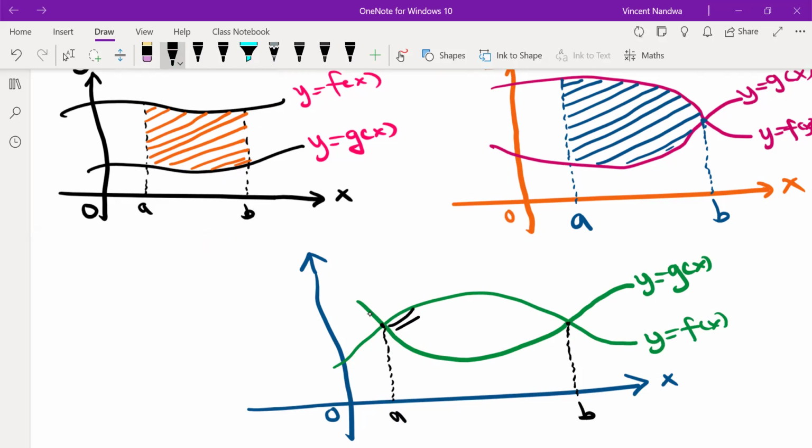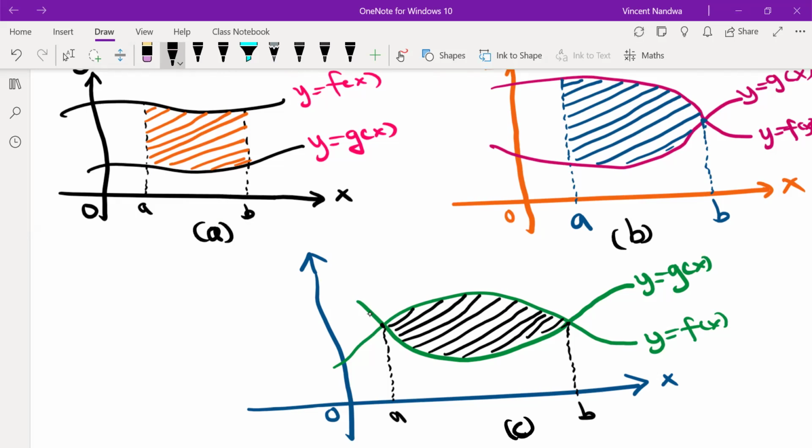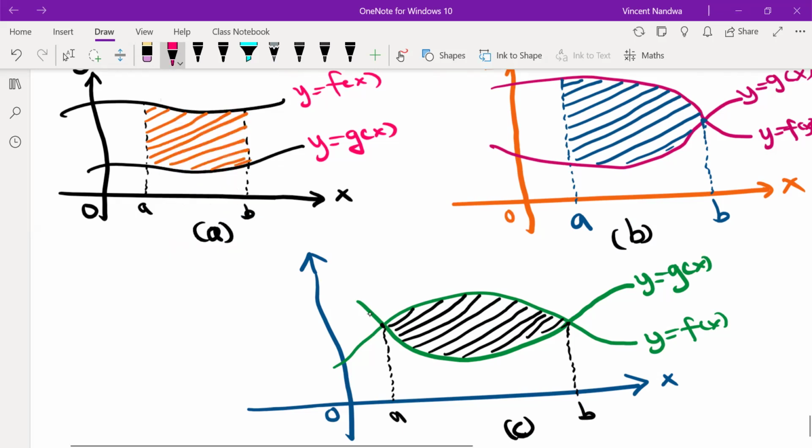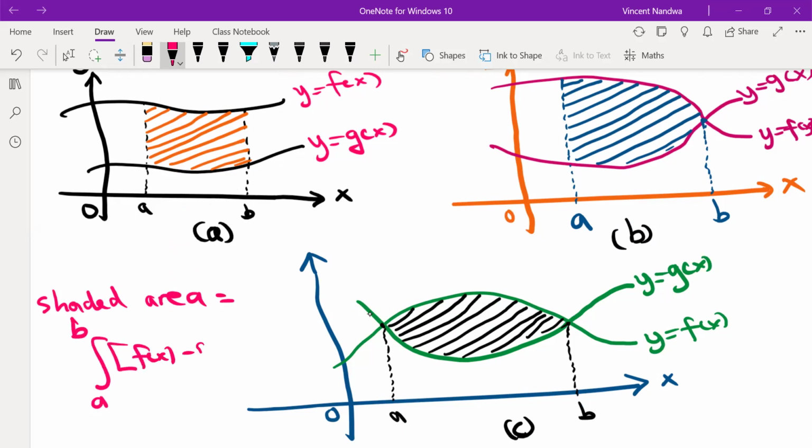So we are talking of this region. So in all these three cases, case A, case B, and case C, the shaded area is given by the integral from a to b of f of x minus g of x dx.